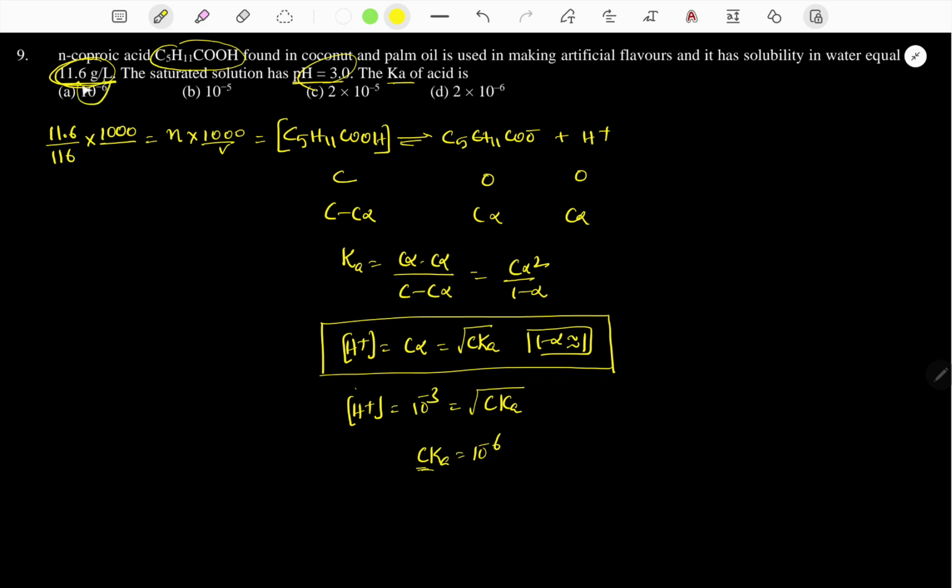Per liter the solubility is 11.6 grams, therefore we take per liter, and this concentration is equal to 10 power minus 1. Therefore the C value is 10 power minus 1. So 10 power minus 1 into Ka is equal to 10 power minus 6. Ka is equal to 10 power minus 5.